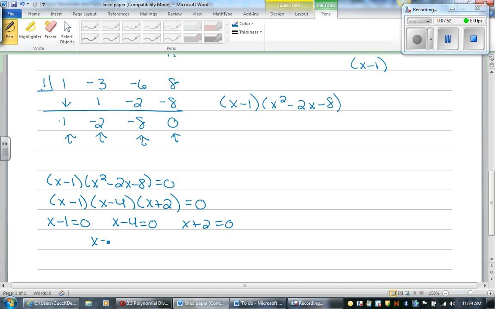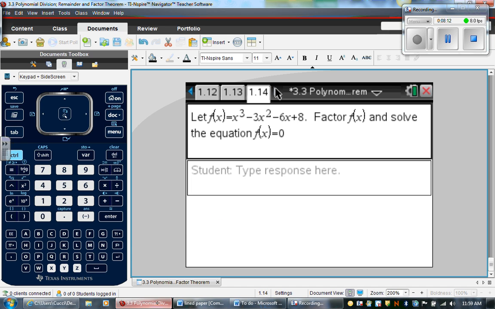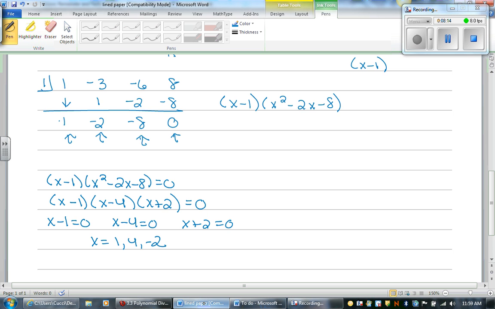So we get values of 1, 4, and negative 2. Those would be my solutions. Like I said, we are going to do more practice with this, but that's the gist of how we can factor using synthetic division.